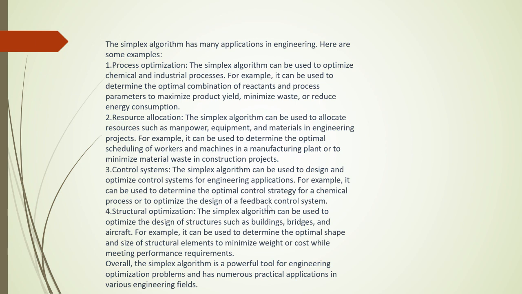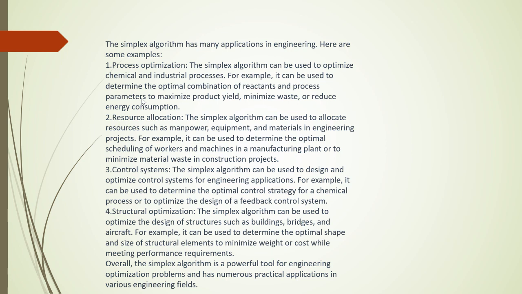We use it in industries. We use the simplex algorithm in chemical and industrial processes, like, it can be used to determine the optimal combinations of reactants, to maximize the profit, maximize the given material, and to reduce energy consumption.